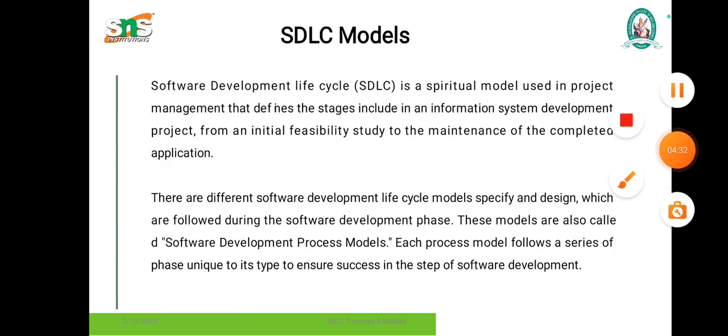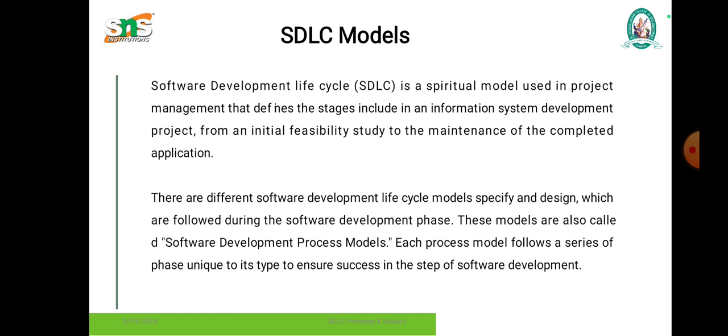Next is the SDLC model. SDLC means software development life cycle, and the SDLC model is used in project management to define the stages included in an information system development project, from an initial feasibility study to the maintenance of the completed application.